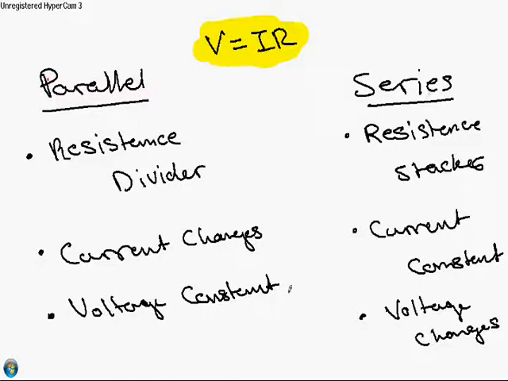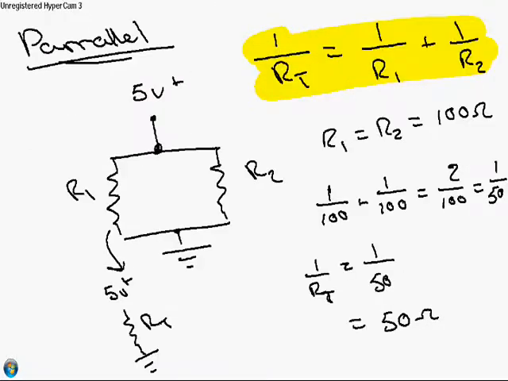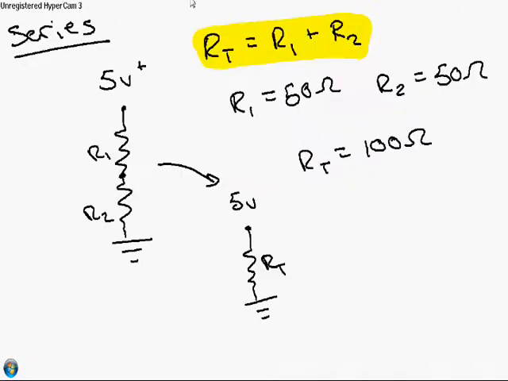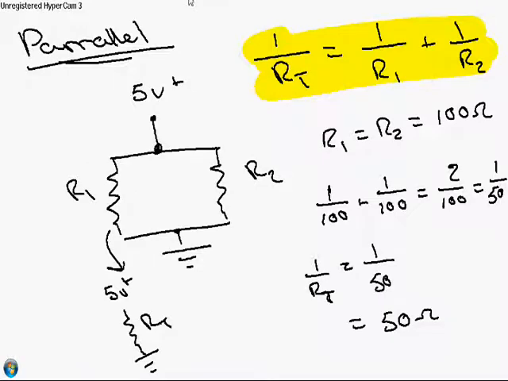These are good things to remember because they're going to affect how a system changes. Parallel circuits are resistance dividers. The current changes, but the voltage remains constant, as we can see here, as I demonstrated. Well, not very well, but if you change these resistances, you can prove it out to yourself. And total resistance. Replacing two resistors with one, it's dividing the voltage.